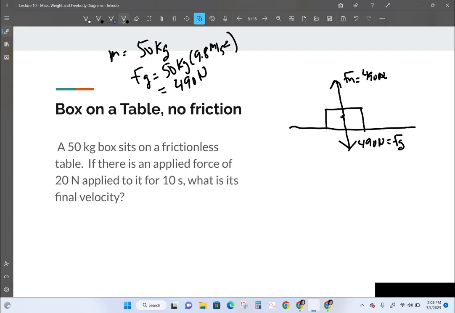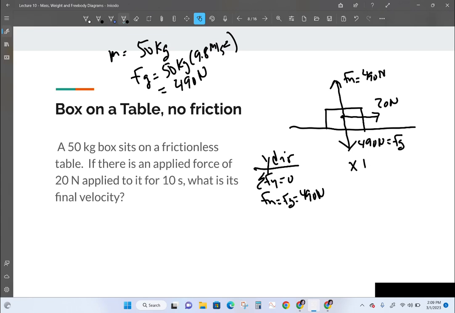It's supposed to be an N. Here we go. And you're going to push it with 20 newtons. So in the y direction, all of the forces in the y direction add up to 0. So Fn equals Fg, and they're both equal to 490 newtons.